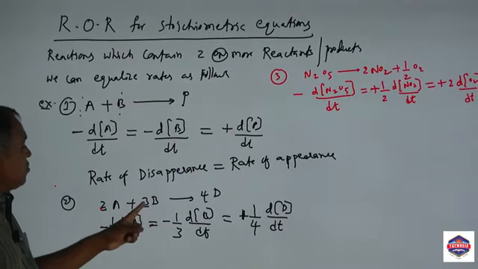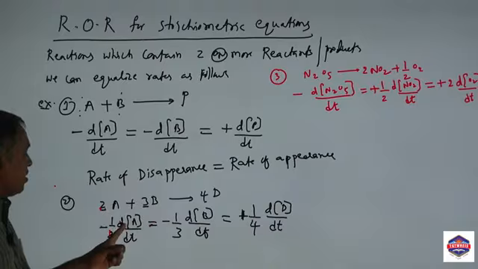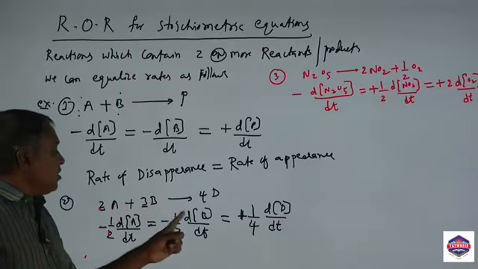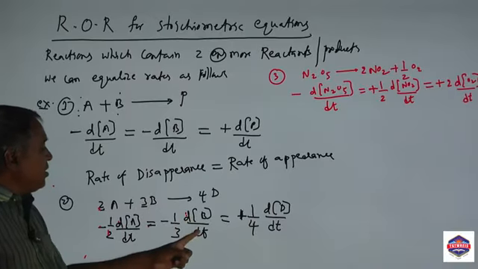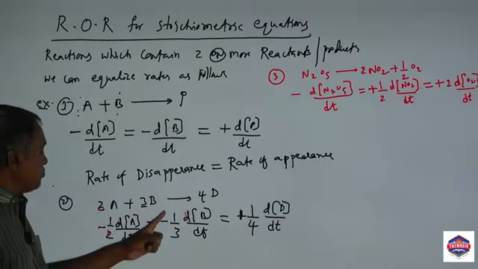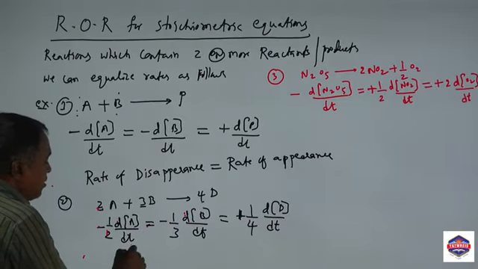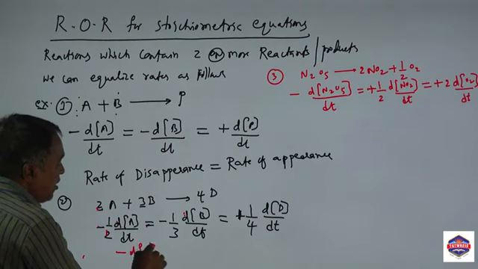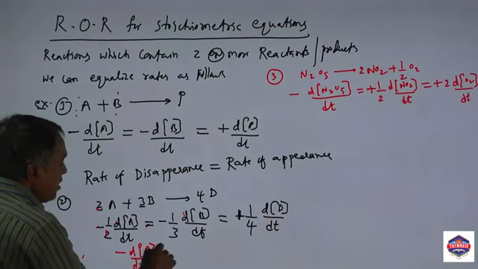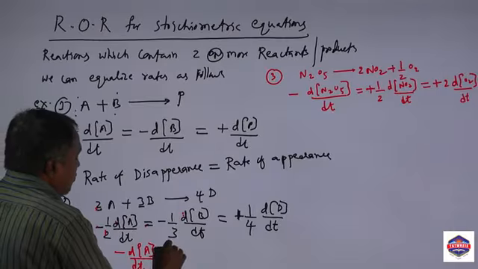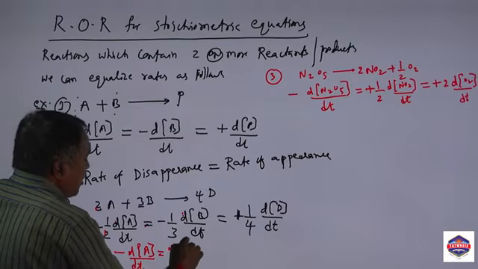It is equal to the rate of reactant B with 1 by 3. Therefore minus 1 by 2 dA by dt is equal to minus 1 by 3 dB by dt.